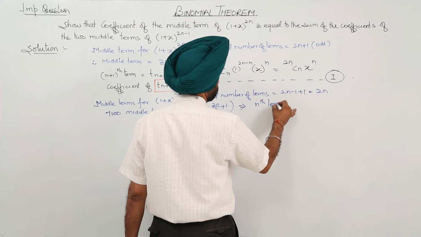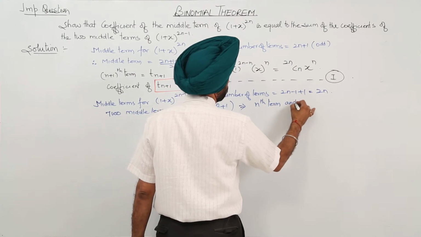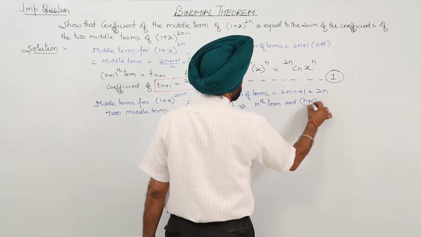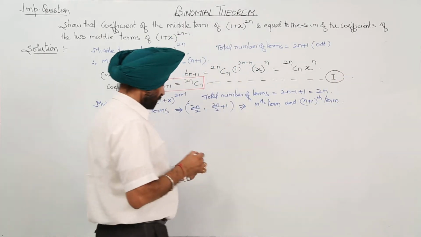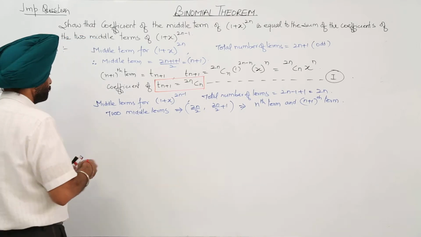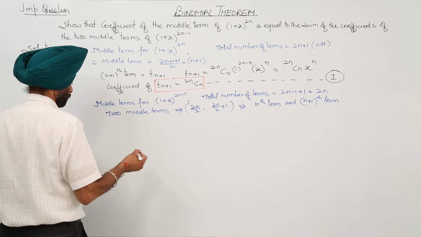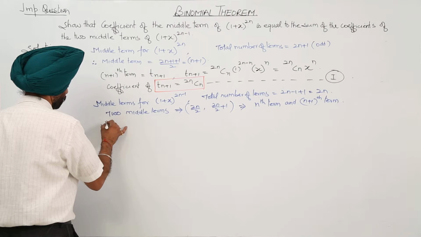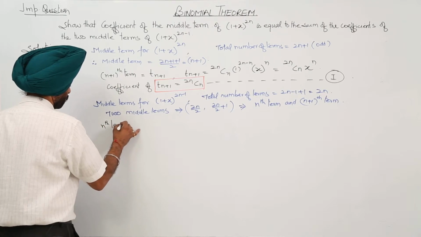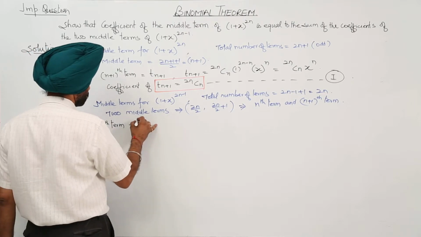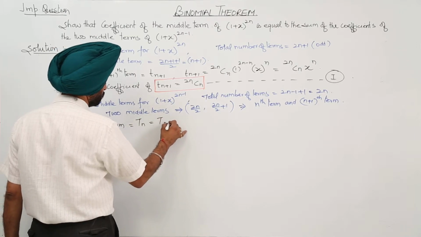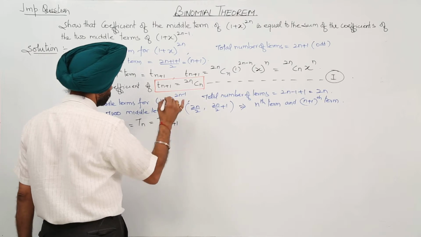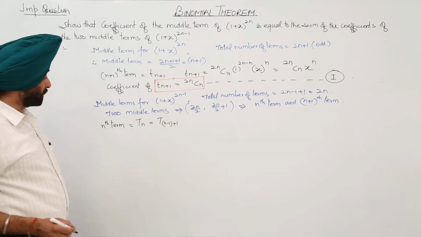So we have the nth term and the (n + 1)th term. Now let's find the nth term. The nth term is Tn, which is equal to T(n-1+1). Is it clear?